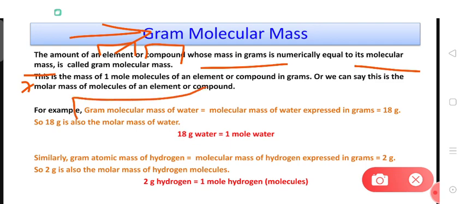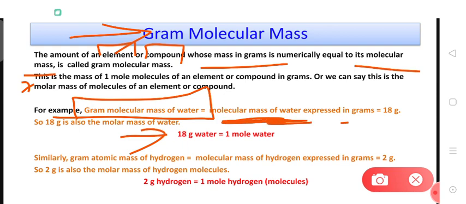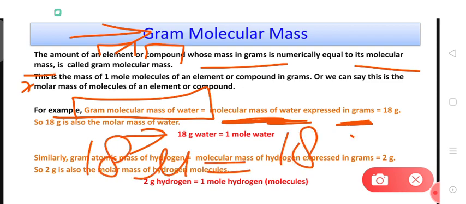So the gram molecular mass of water, if we talk about this example: we will take the molecular mass of water and express it in grams. The molecular mass of water, we have calculated, is 18 U, and if we express it in grams, it will become 18 gram. So this is the gram molecular mass of water, and the same is the molar mass of water, that is the mass of 1 mole.